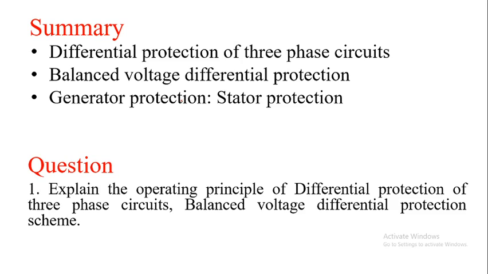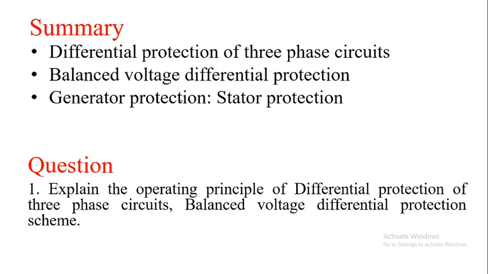So in that we first discussed the stator protection. The first type we have is the percentage differential protection, where two CTs will be placed for each phase, the upper CT as well as the lower CT. Under normal operating condition or through external faults, the current flowing through the operating coil will be in reverse, so they cancel each other. Automatically no current flows through the operating coil of the relay, so the relay will be non-operative.